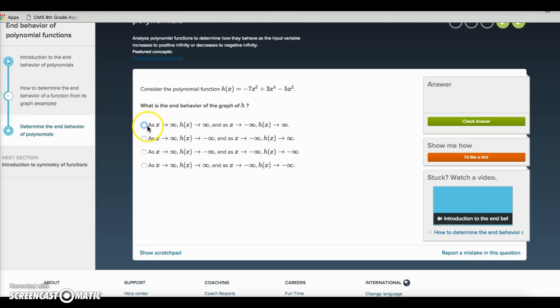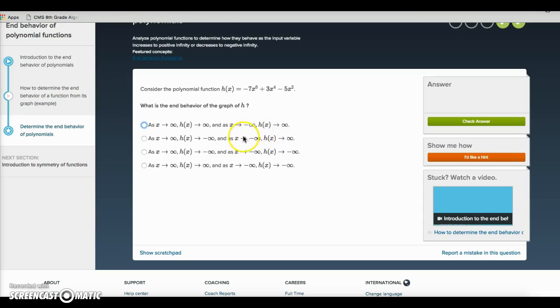So let's look at our choices. As x goes off to positive infinity, h of x goes off to positive infinity. We know we can eliminate that because that indicates up behavior. As x goes off to positive infinity, h of x goes off to negative infinity. Okay, so that's a possibility. And as x goes off to negative infinity, h of x goes off to positive infinity.